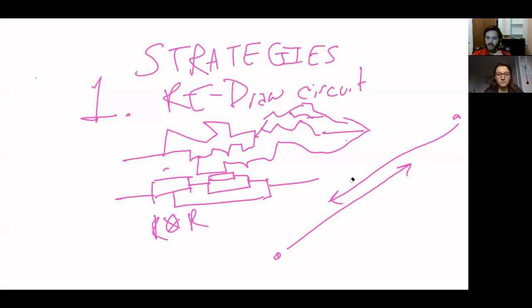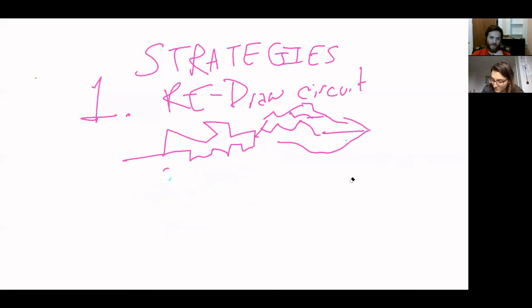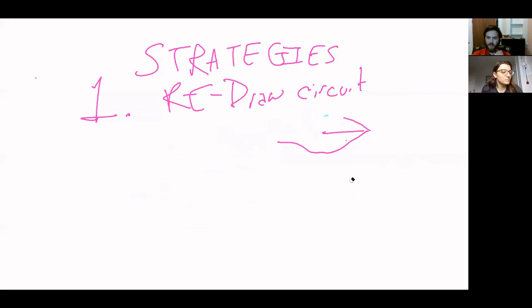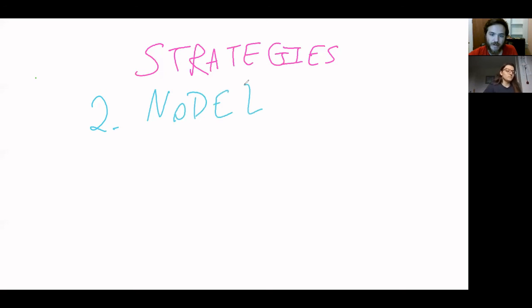And strategy 2, let's start on strategy 2. That was redraw the circuit. Strategy 2 is something along the lines of the node law. Every time we have a problem, we want to draw some nodes wherever there's a fork.